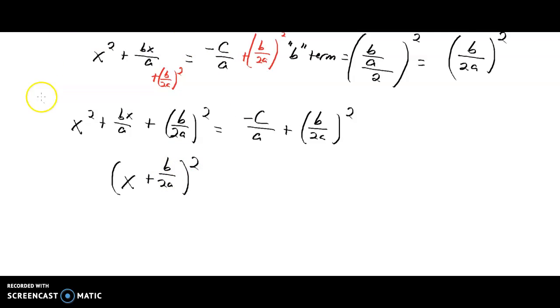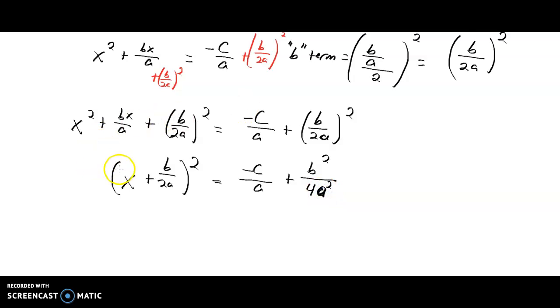That's going to be the factor of this trinomial over here, and that is going to equal negative c over a plus b squared over 4c squared. Sorry, I apologize, that's not a c, that's an a: 4a squared. I can't read my own writing, okay?